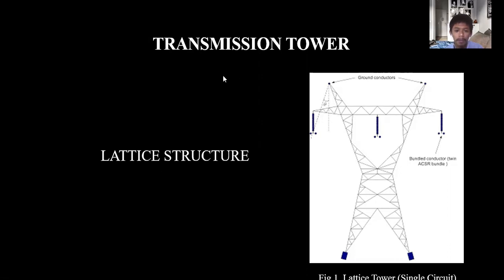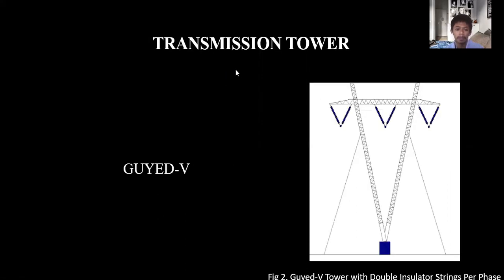Next. This picture is the Guyed V transmission tower. The Guyed V transmission tower has also been used by the transmission companies in cases where more space is available. These are simple, easy, and cheaper to install.